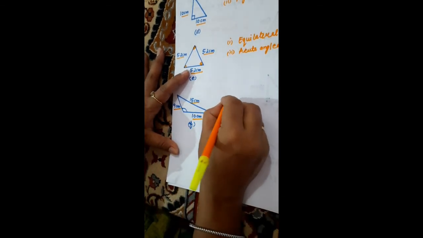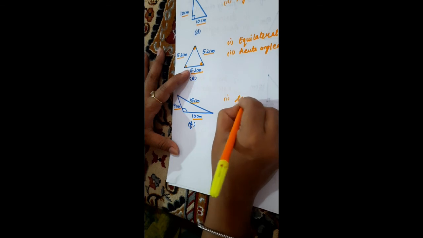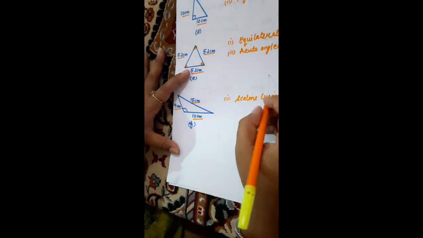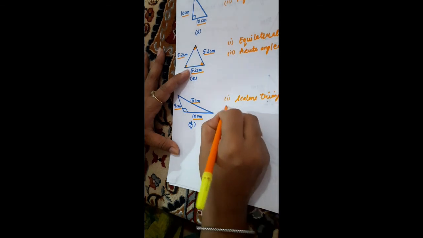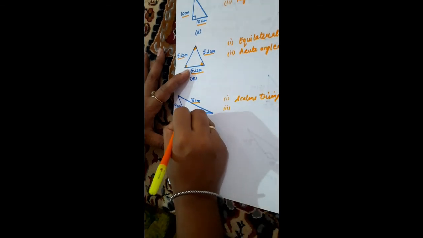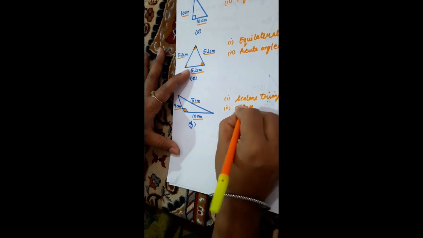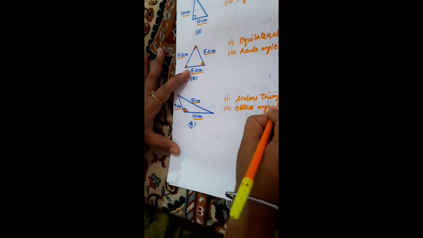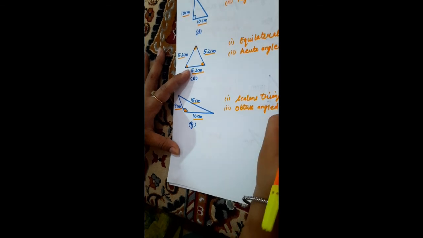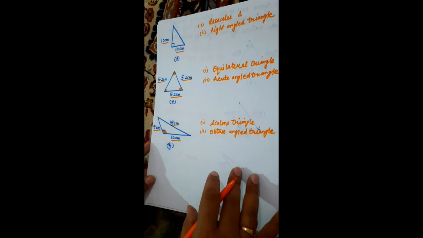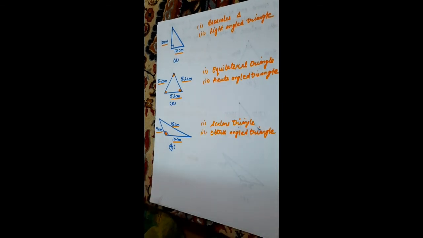If all the sides are different, we can say that scalene triangle. And second, as we know that this angle is greater than 90, so we can say that obtuse angled triangle. So here I just named the triangles on the basis of sides as well as on the basis of angles.